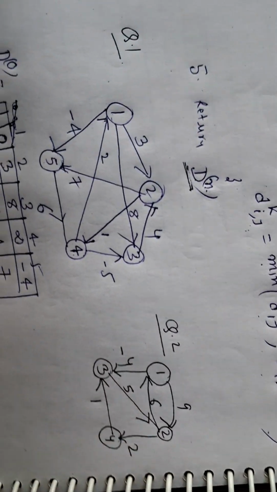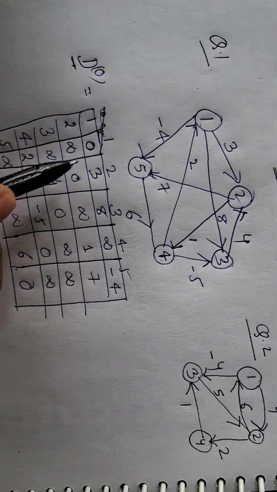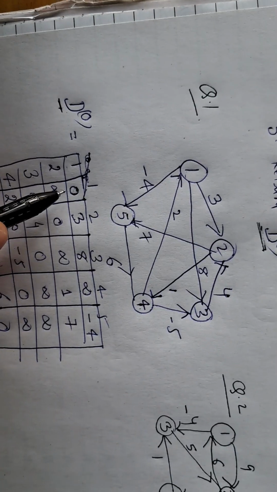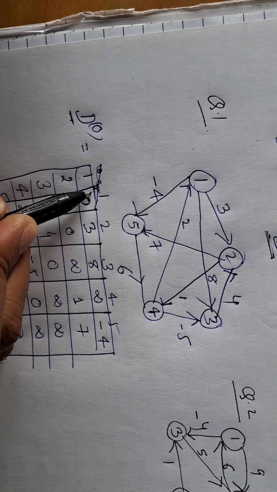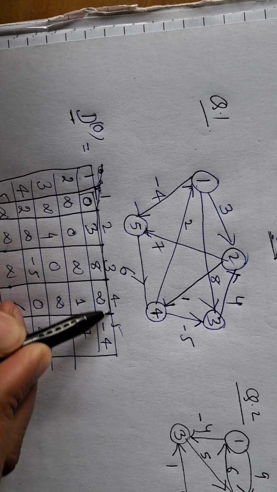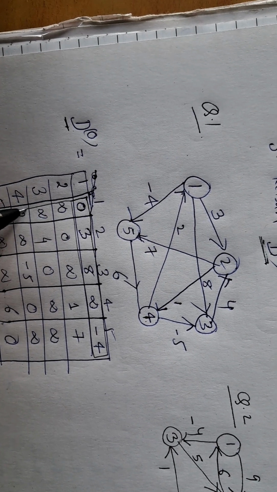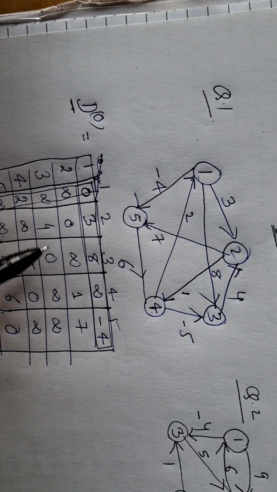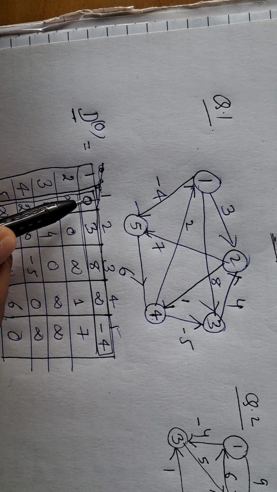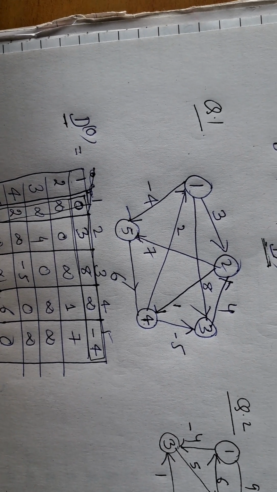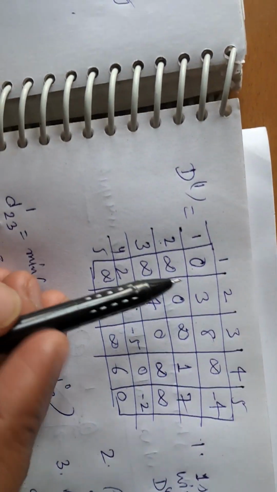So first of all, if you want to generate the D1 matrix, what you have to do is select from the D0 matrix the first row and first column as it is. So you just simply select all these elements as they are and put the first row and first column values in the same way in your D1 matrix.